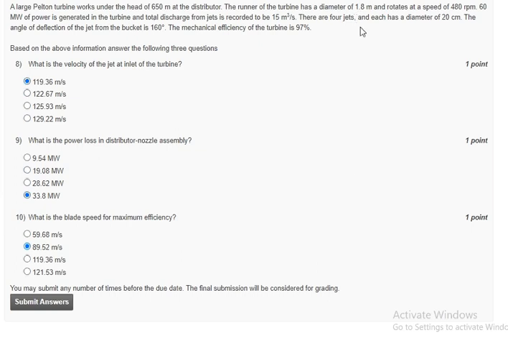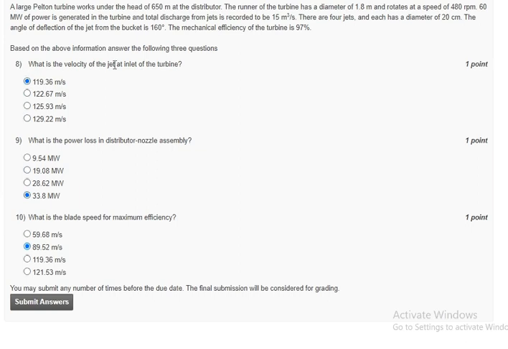There are 4 jets, each has a diameter of 0.2 meter, means 20 centimeter. The angle of deflection is given 160 degree. The mechanical efficiency of the turbine is 97%. So if you solve this numerical problem, you will get following answers.